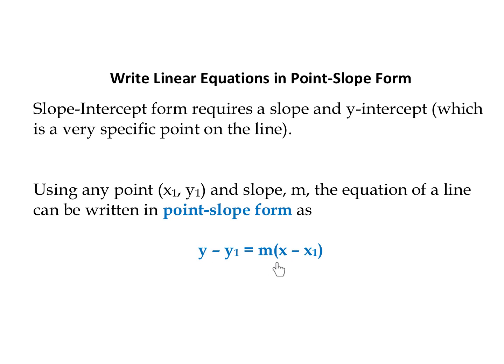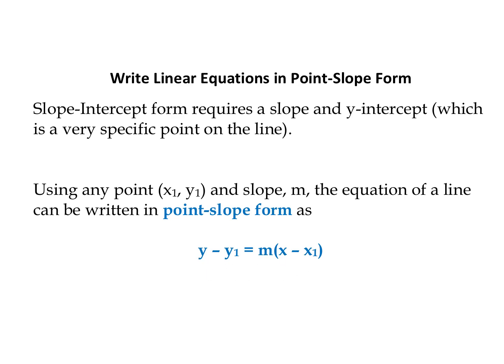So the y and the x will stay a y and an x. The x1 and y1 will be some point on the line, right? We'll get that from our point on the line. And our slope, the m, will go there. So y minus y1 equals m, parentheses x minus x1, is point-slope form.